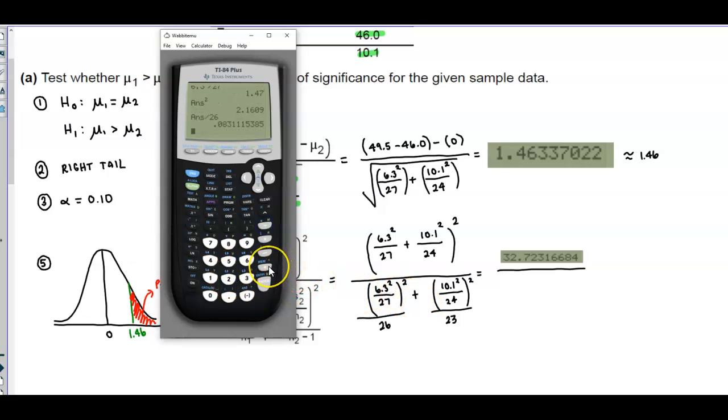Then we add, all in one order of operations, parentheses 10.1 squared divided by 24, squared, and then divide that by 23, and that gives us that number.